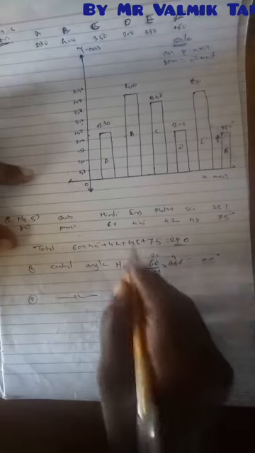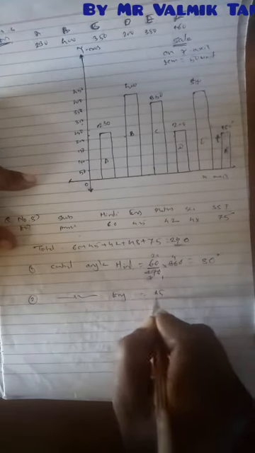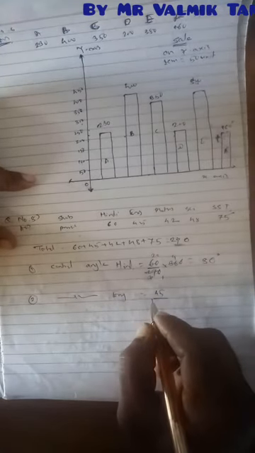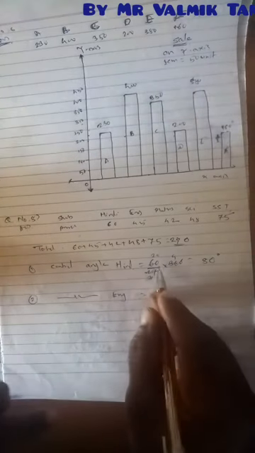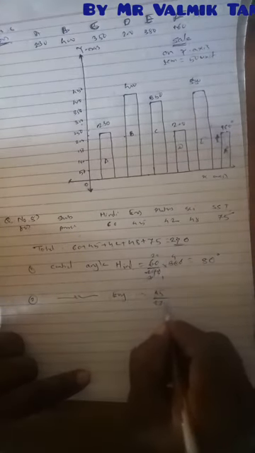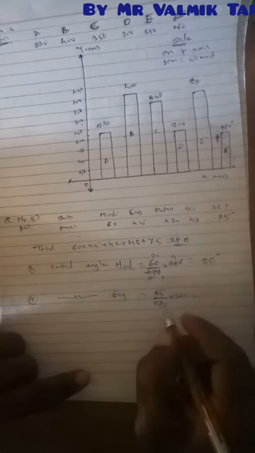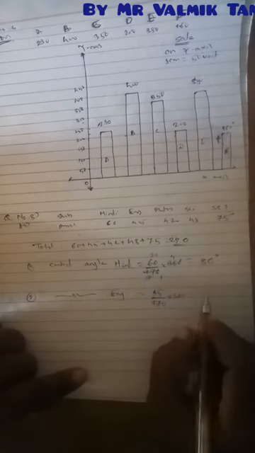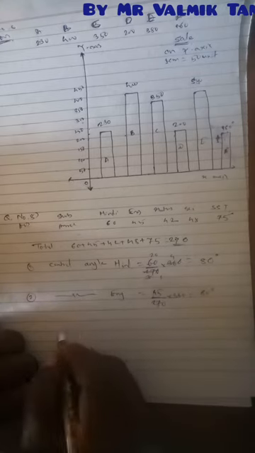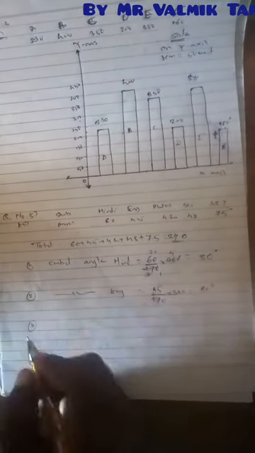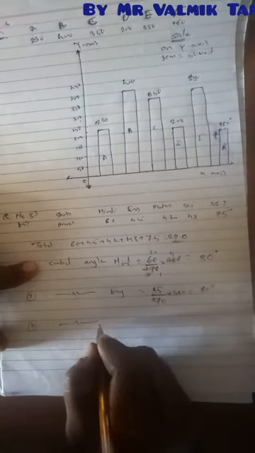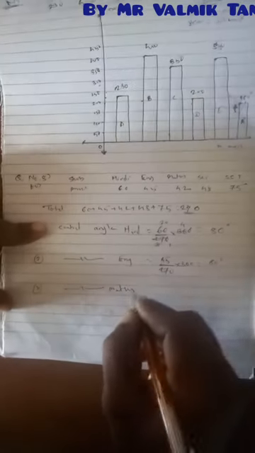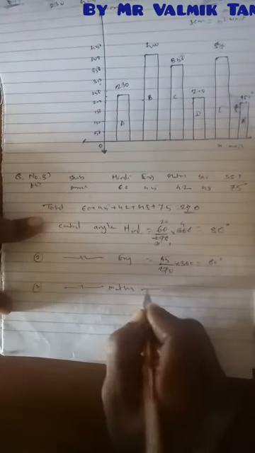English. How much for the English? 45 upon 270 multiplied by 360. So which will be 60 degree after doing the calculation. Third one, maths. For maths, 42 upon 270 multiplied by 360.